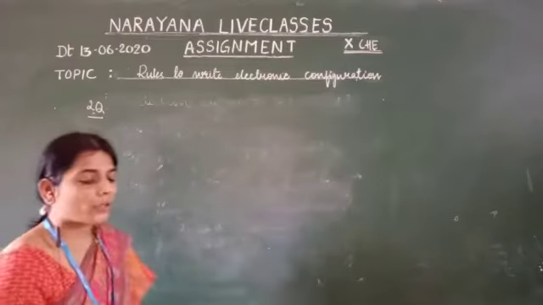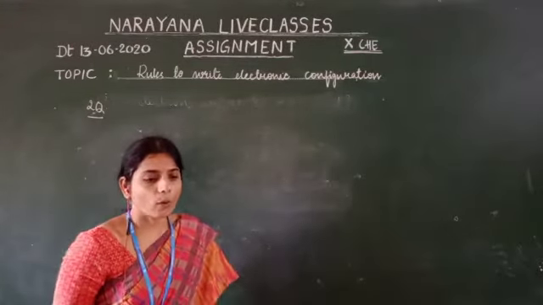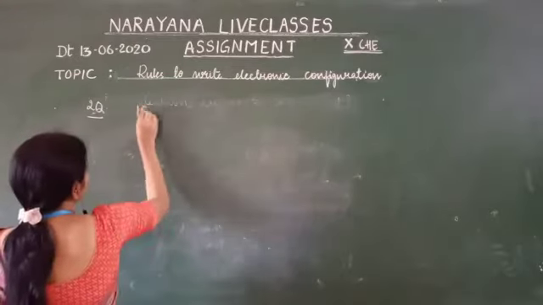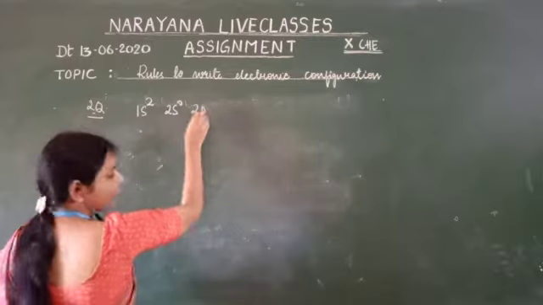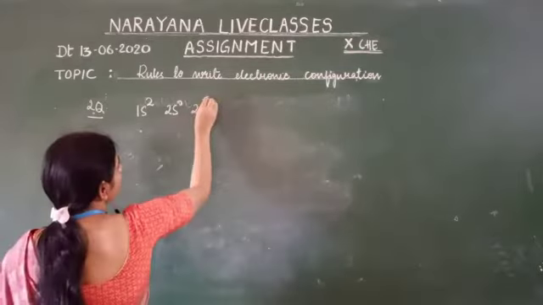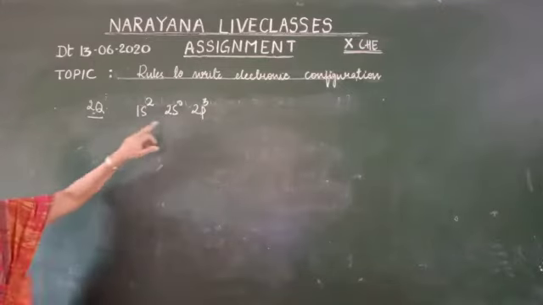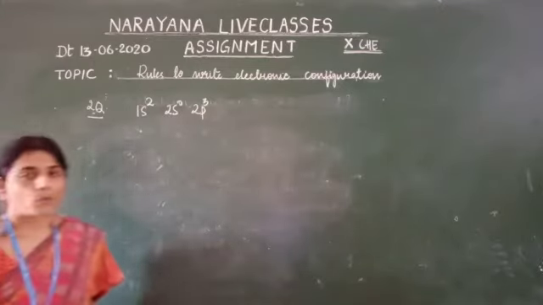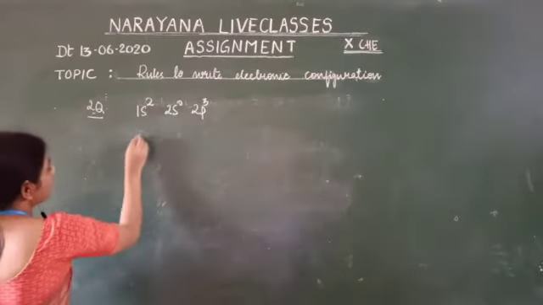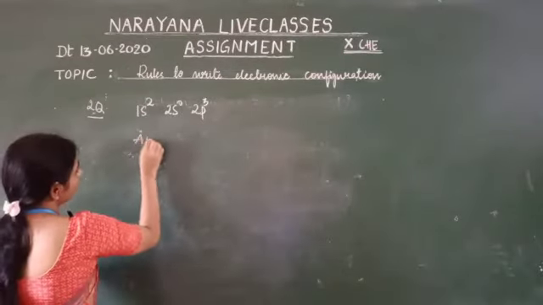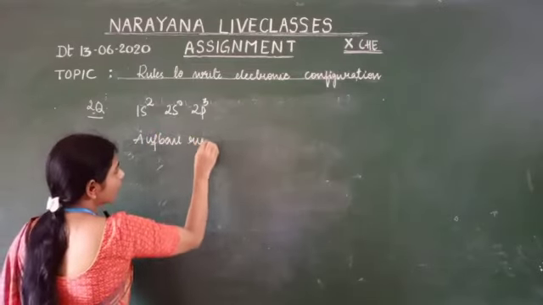The second question: which rule is violated in the electronic configuration 1s2, 2s0 and 2p3? Which rule is violated here? When we observe, again we are violating the Aufbau rule itself. What is the Aufbau rule?